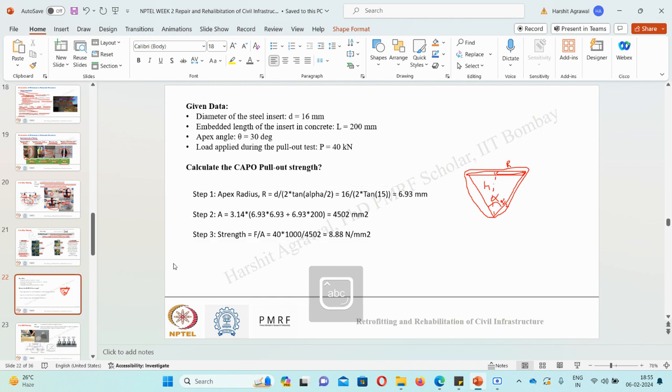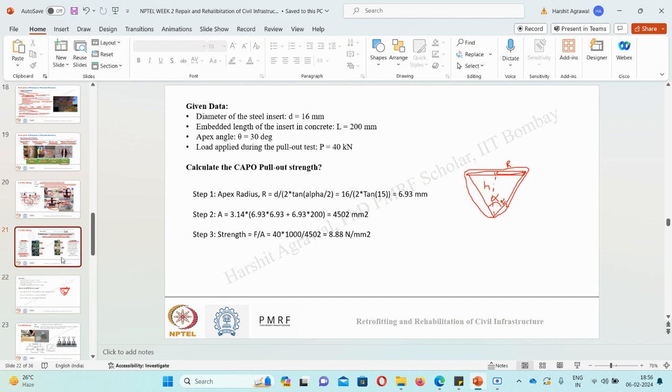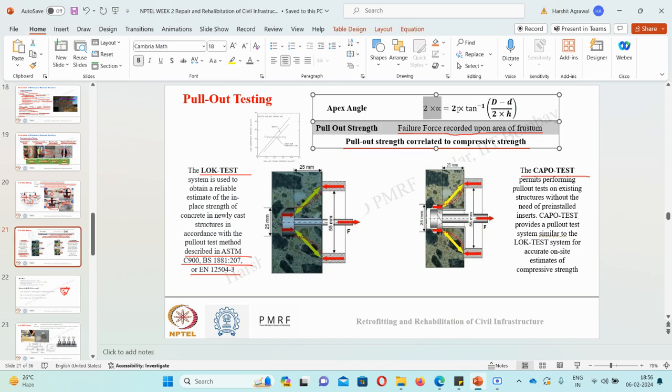So this is how we calculate the pull out strength when we know the pull out force from the testing and we know the apex angle of failure. If we don't know the angle of failure, we can always use this equation to calculate the failure angle also.